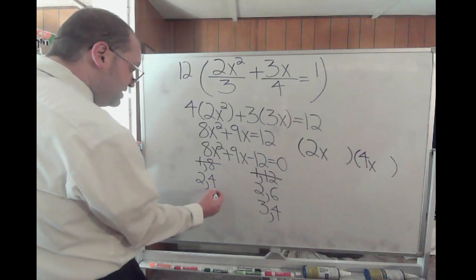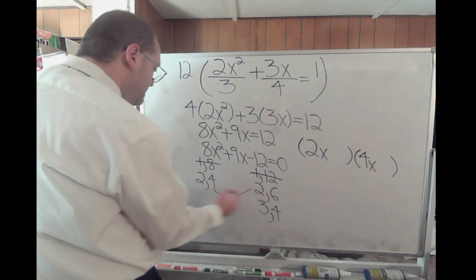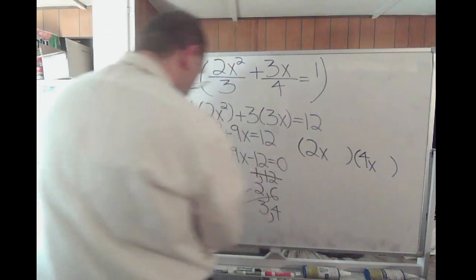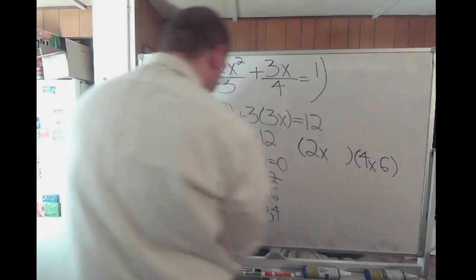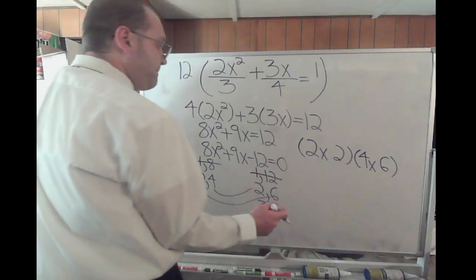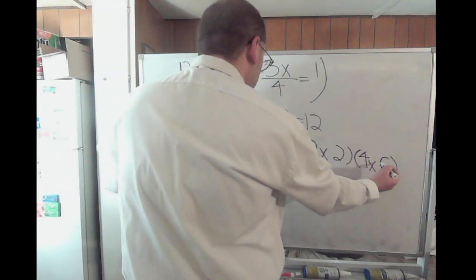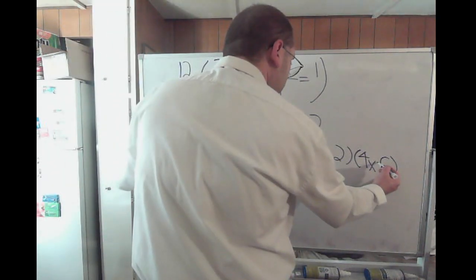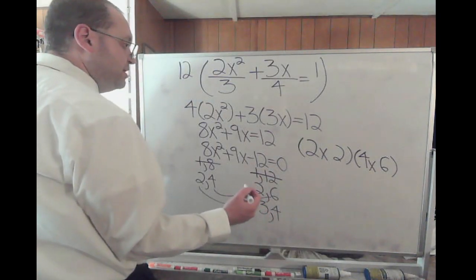So what if I did 8, 12. So this would give me 2 times 6, which would be 4 times 2. Okay, so let's see. 8x squared plus 12x minus 8x. That would be minus 4, no?